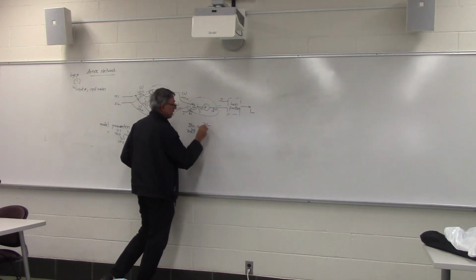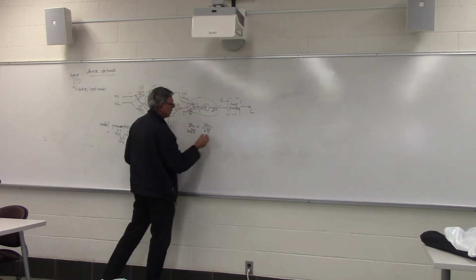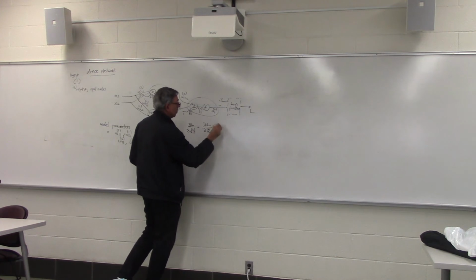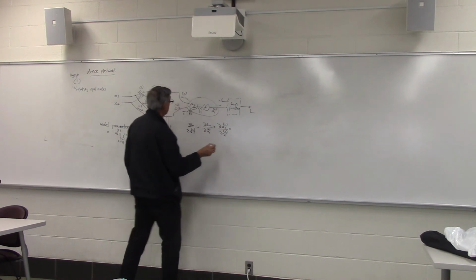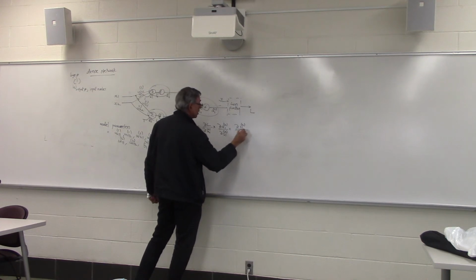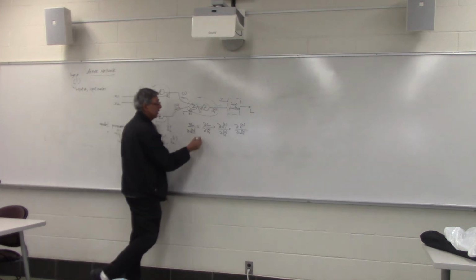Partial L over partial A1 of 2, then partial A1 of 2 over partial S1 of 2, times partial S1 of 2 over partial W11 of 2. Okay, this is easy, right?